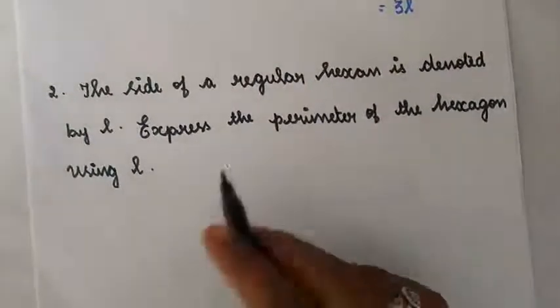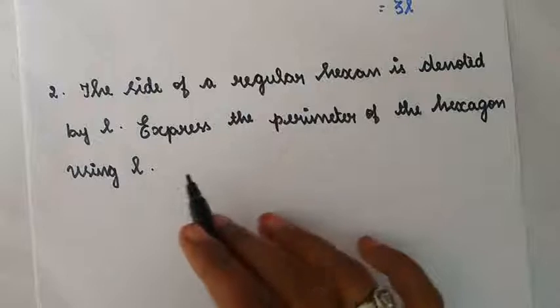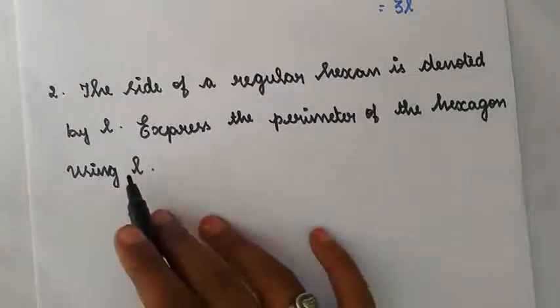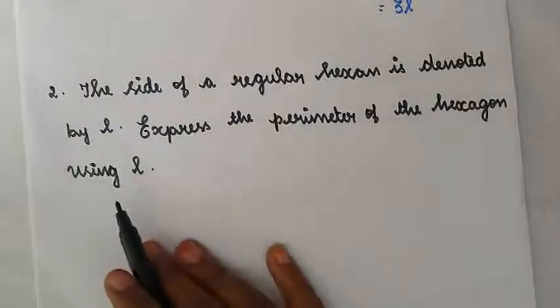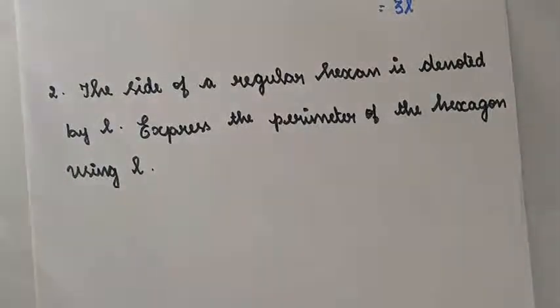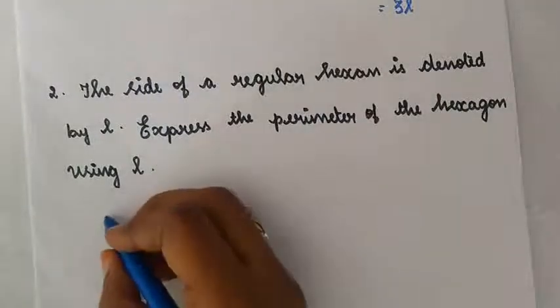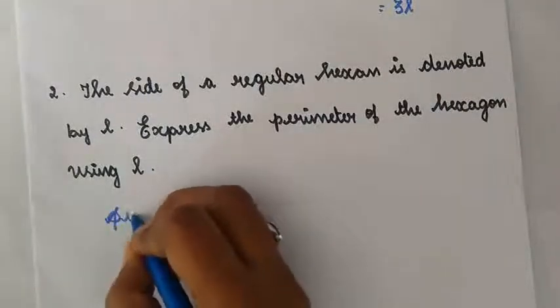Here given is the side of the regular hexagon is L. We have to find the perimeter of the hexagon by using L. Hexagon means it has 6 sides. 6 equal sides, that is called a hexagon.